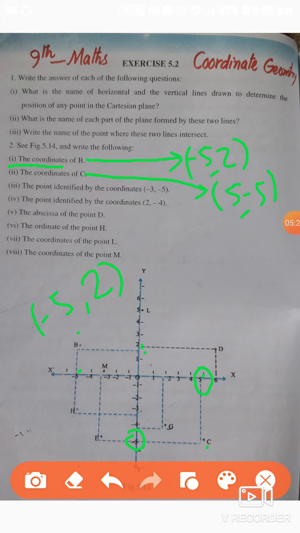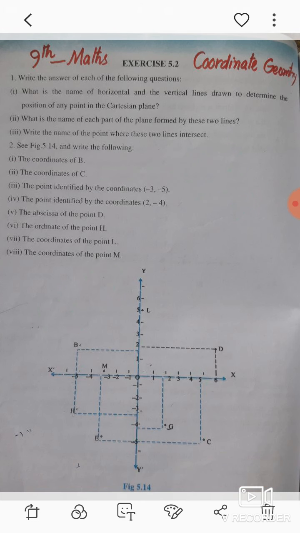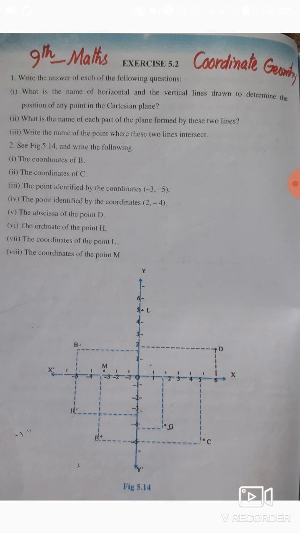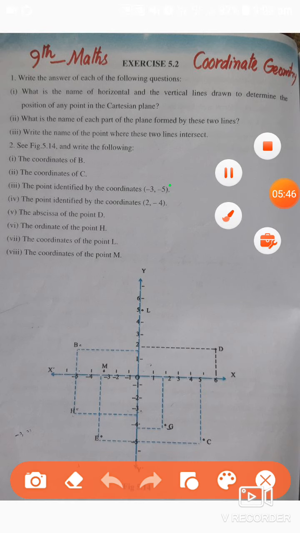Similarly, you can see the point identified by the coordinates -3, -5. So where is -3 and -5? -3 on the x-axis is this point, and -5 on the y-axis is over here.